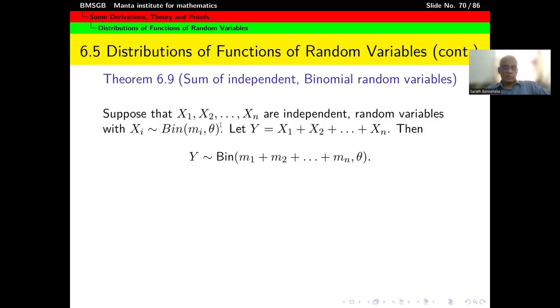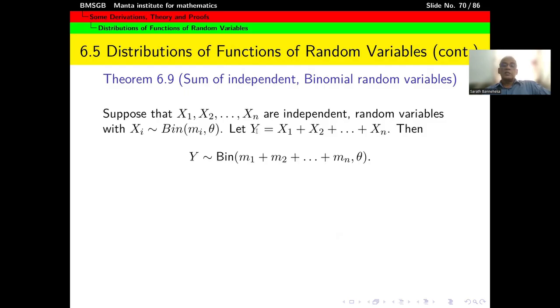The m's are not really parameters, because usually they will be known numbers, but theta will be a parameter. Like that, xn has a binomial mn theta. But notice that they are independent, but not identically distributed, because the distributions are different.